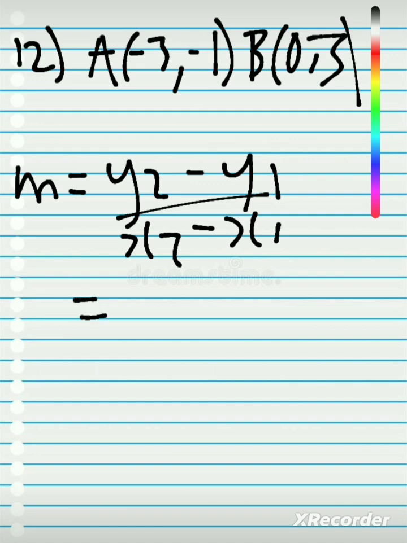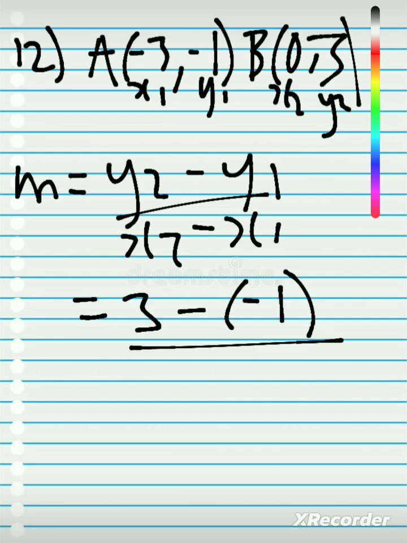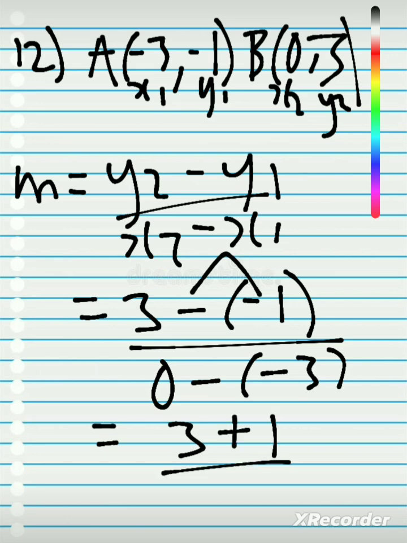So this is x1, y1, x2, y2. So our y2 is 3 minus our y1, -1, over our x2, which is 0, minus our x1, which is -3. So negative times negative is +1, so 3 plus 1 is 4, over 0 plus 3, which is 3.